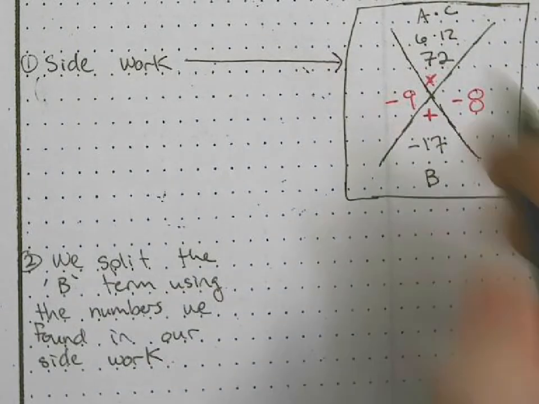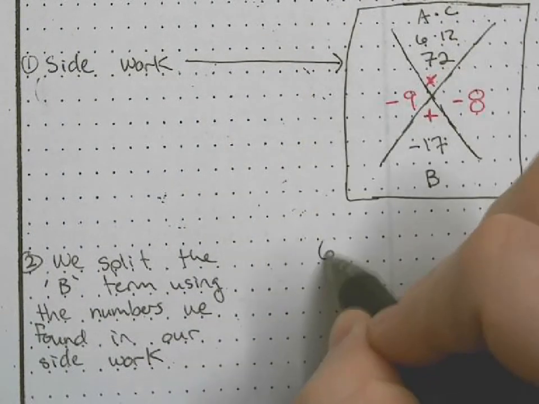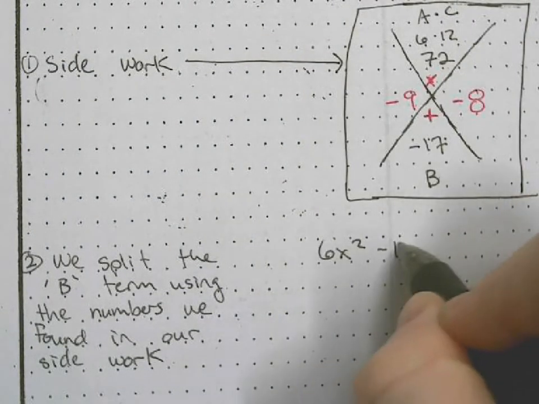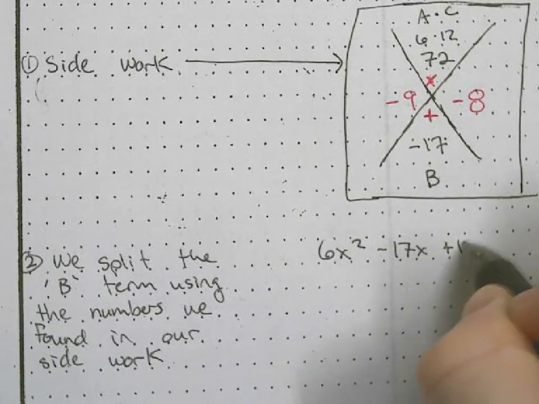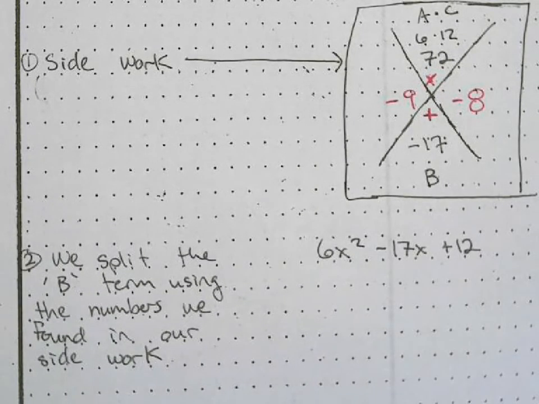So I'm just going to copy the problem from the beginning: 6x squared minus 17x plus 12.